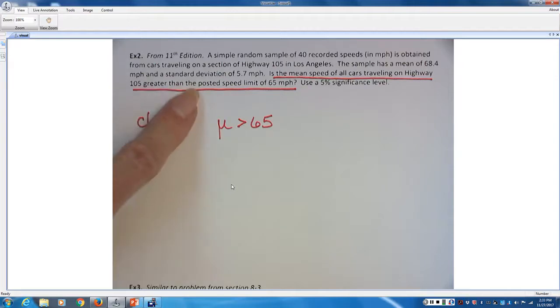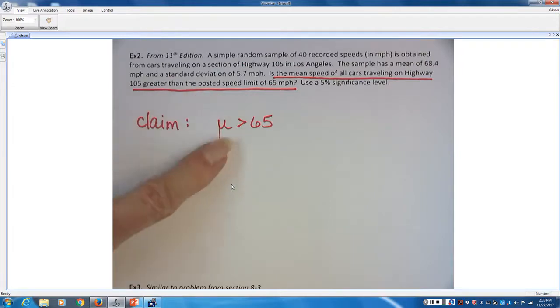If they have a posted speed of 65 miles per hour, what's the mean supposed to be? Now that's our sample. When they posted that sign, what was the highway department saying was supposed to be true? The mean is supposed to be 65 miles an hour.